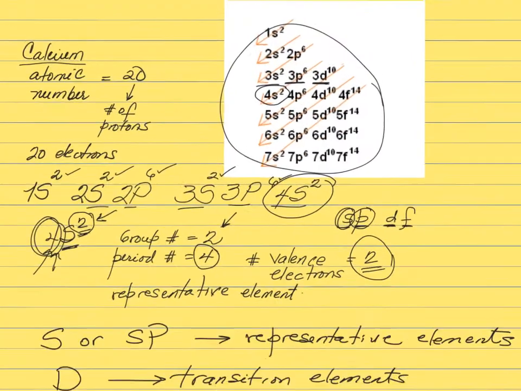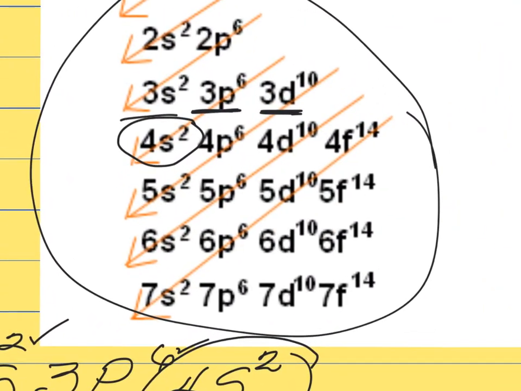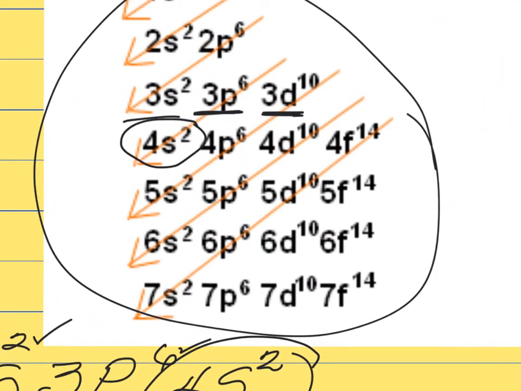Let me show you the diagonal diagram. See that before completing the 4d, the 5s is going to be completed. Before completing that one, this one is completed. That's why you go from 6s to 5d, because that one was completed before, and the 4f.